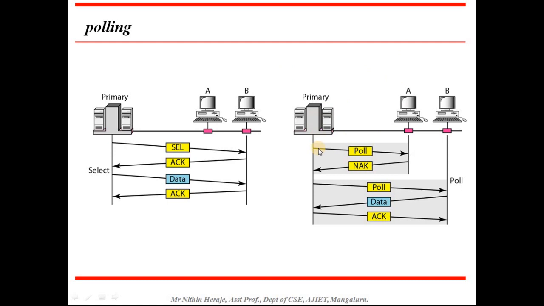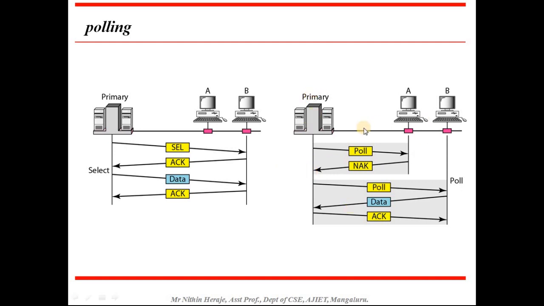The primary station will send a poll frame to station A initially. Station A sends a NAK, which means a negative acknowledgement, stating that it has no data to send to the primary station. So the primary station receives a negative acknowledgement from A.